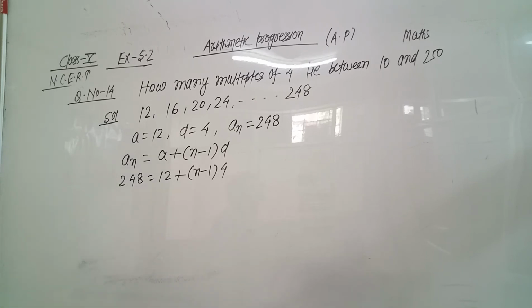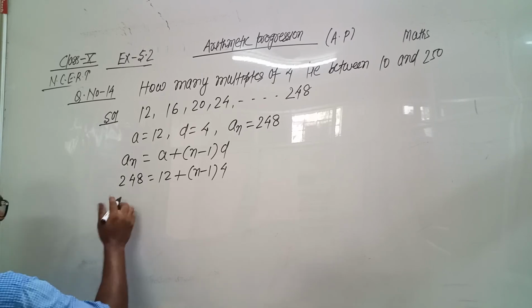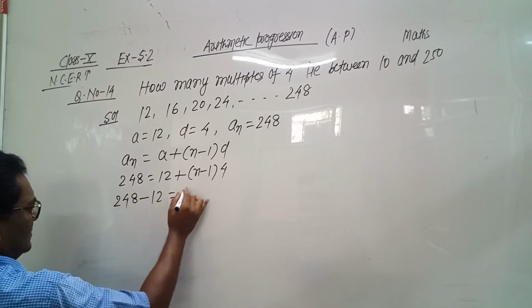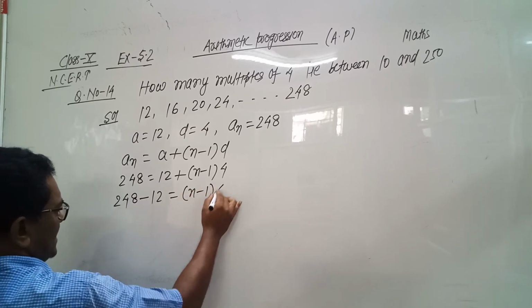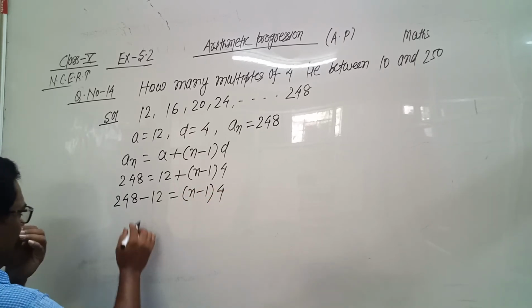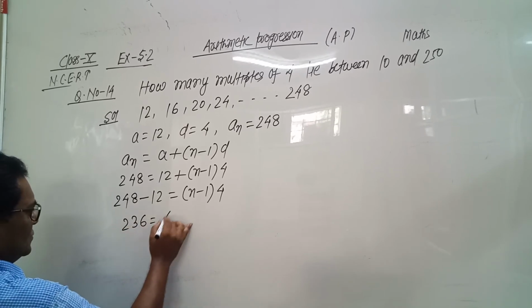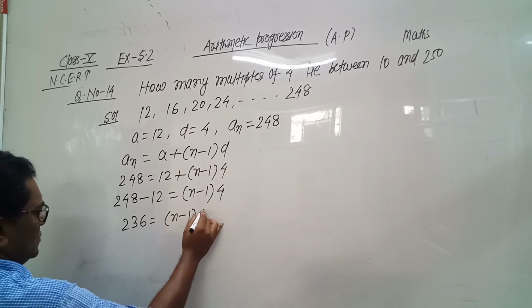And we solve this equation. So 12 will come on the left side. 248 minus 12 equals N minus 1 into 4. And we get 236 equals N minus 1 into 4.